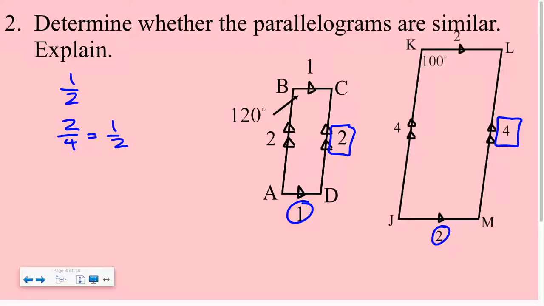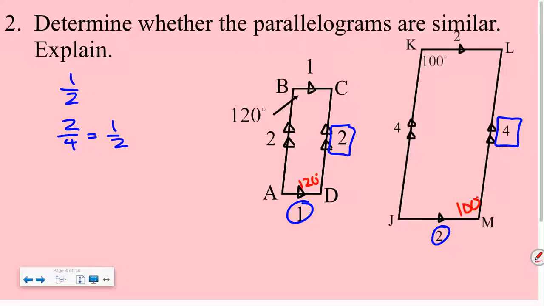Well, what do you remember about your quad tree and the angles of parallelograms? Opposite angles are congruent, okay, so then angle D would be 120, and angle M would be 100. What about the consecutive angles?